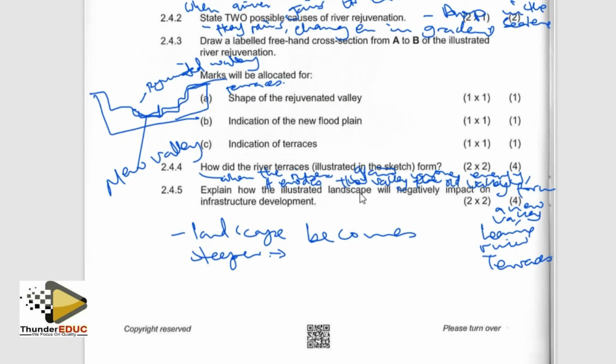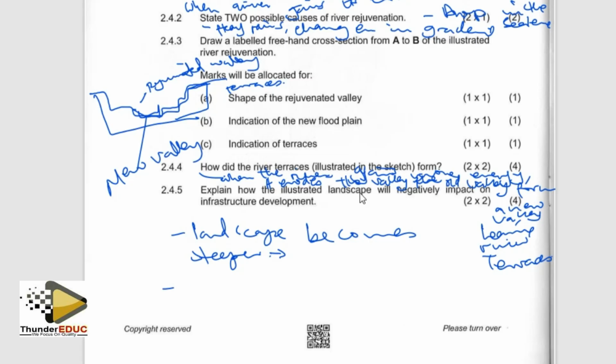Number two, also we can say that when it becomes steeper, it simply means that also the water flow increases, the speed increases, and when the speed increases, erosion takes place.